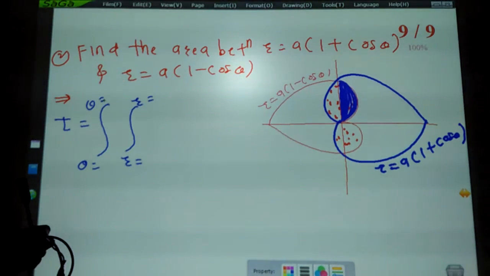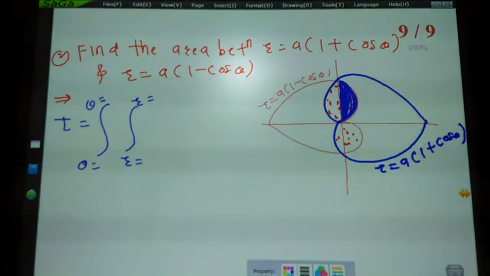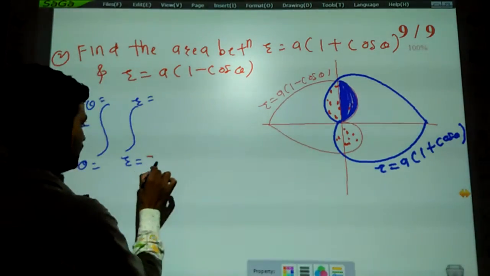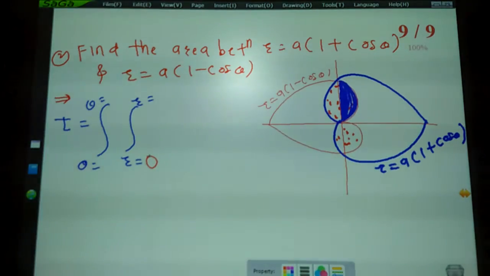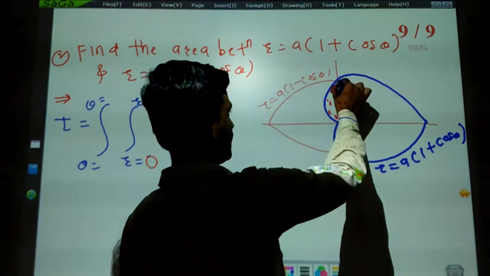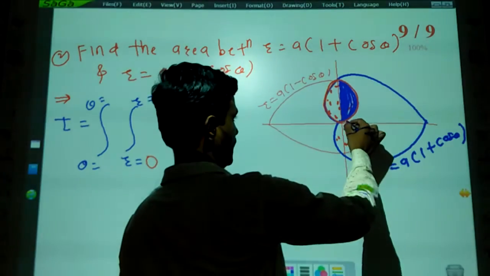So here r, what does r mean? r is the radius starting from 0. What is the meaning of radius? The distance from the origin to the end points of the given circle. Okay, so it may be a circle, as like this. Remember that.